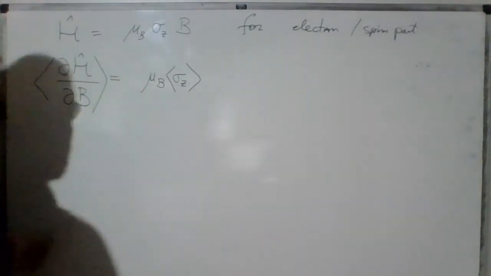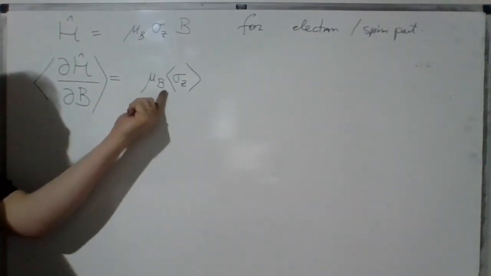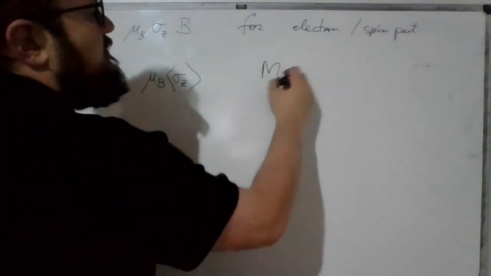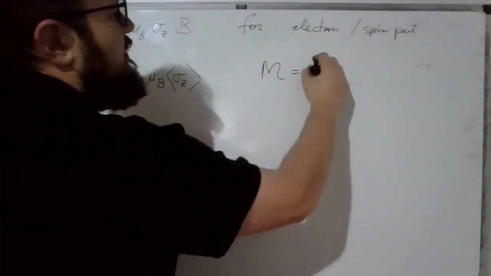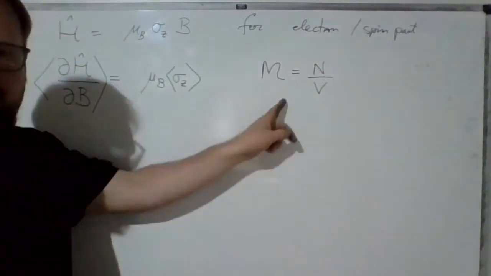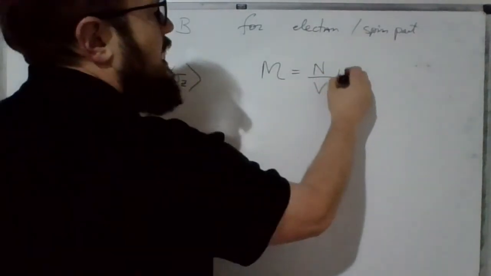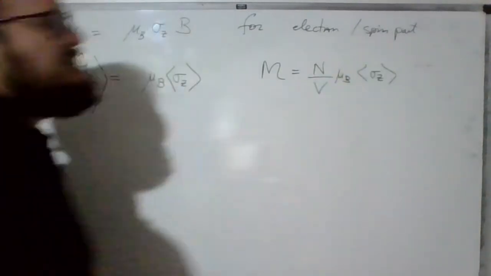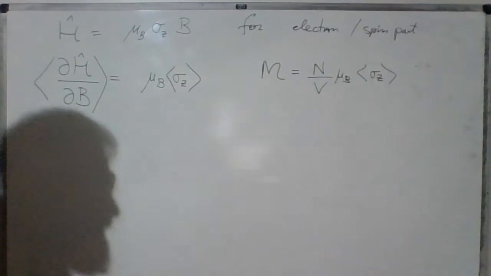And if you remember, this is for just one particle. The total magnetization is the total number of particles divided by the volume of your sample, times the Bohr magneton times the average of sigma z.